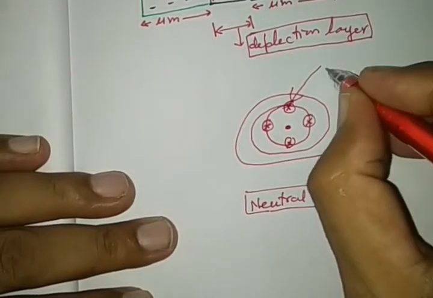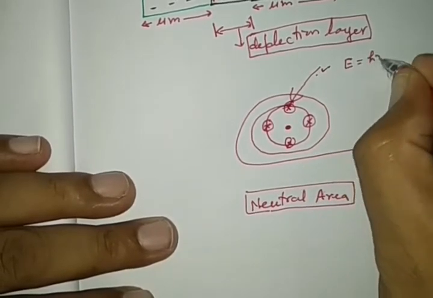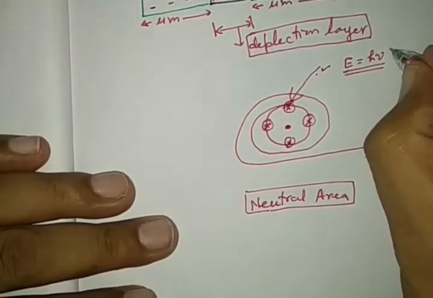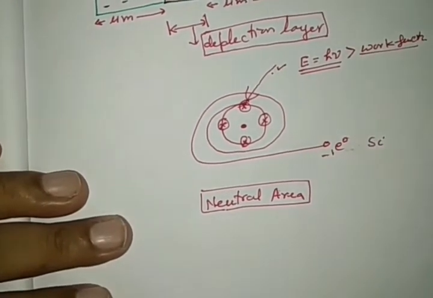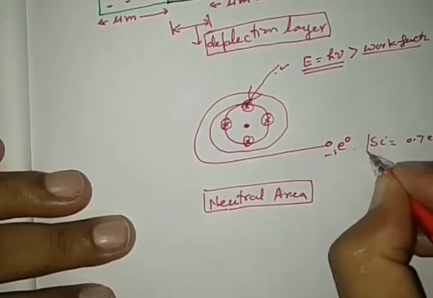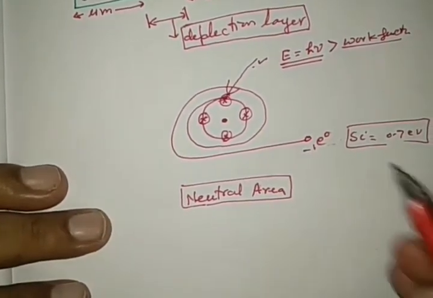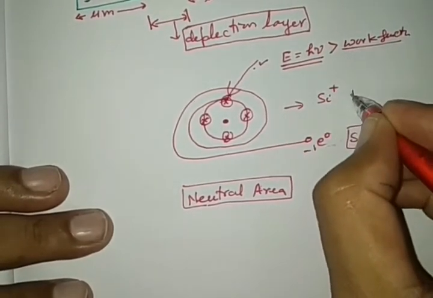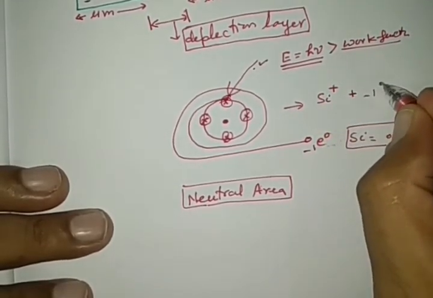When the energy of the sun rays, which in quantum theory are called quanta, has energy equal to h nu, and if the energy is greater than the work function, in silicon the potential barrier is around 0.7 eV, the silicon atom is converted into a positive ion plus an electron.